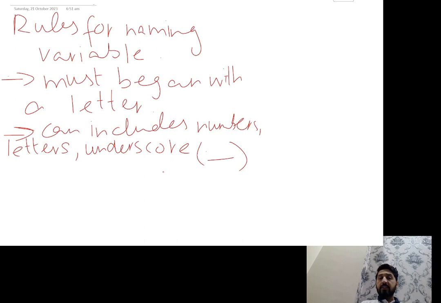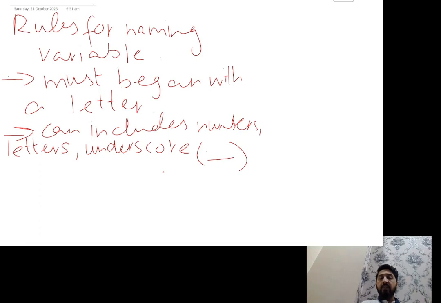Now there must be some rules for naming variables. What are those rules, and how do we go about it? Just to recall, a variable is a named memory location, right? Whenever we need to declare a variable, we need to assign it a suitable name. In order to do that, you need to follow certain criteria. These are referred to as the rules for variable naming.